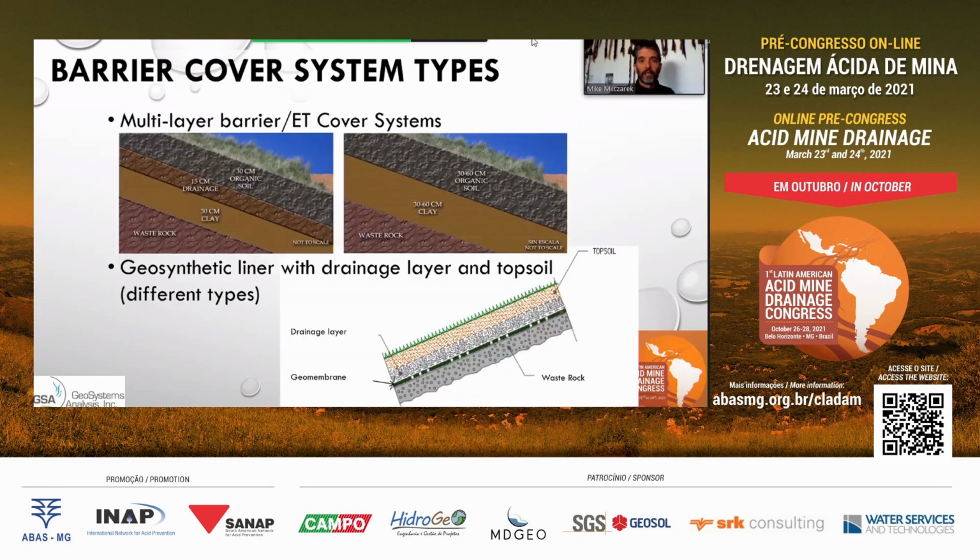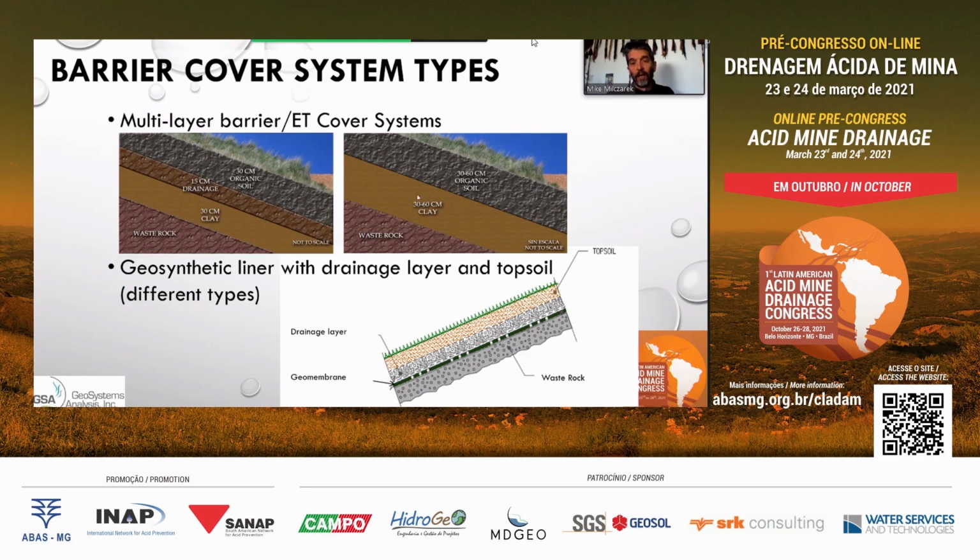So just some examples of barrier layer cover systems. Here's an example, and I already kind of showed this, where we have clay, we have 15 centimeters of a drainage layer, and that's to basically take the water off of the clay. And then you have an organic soil. This would be the same system without the clay layer, but with the drainage layer.